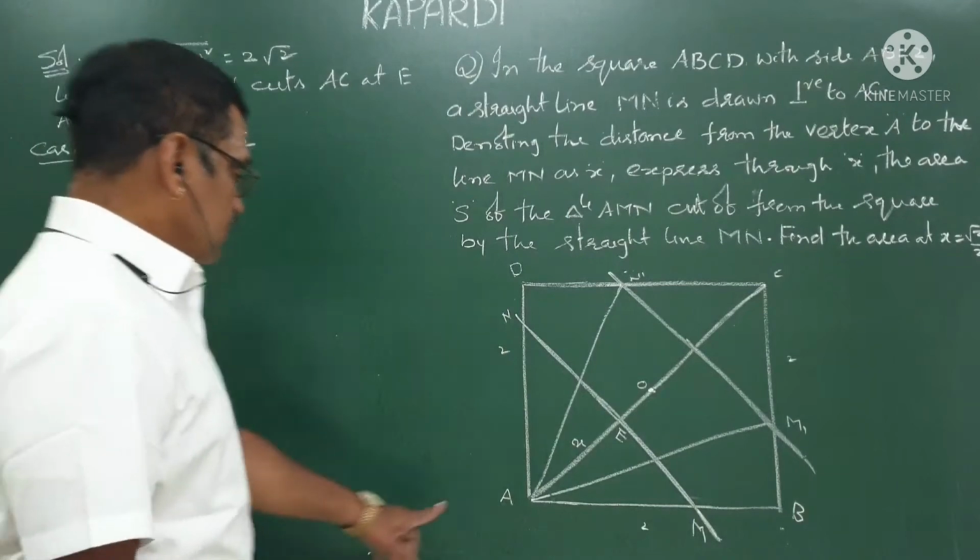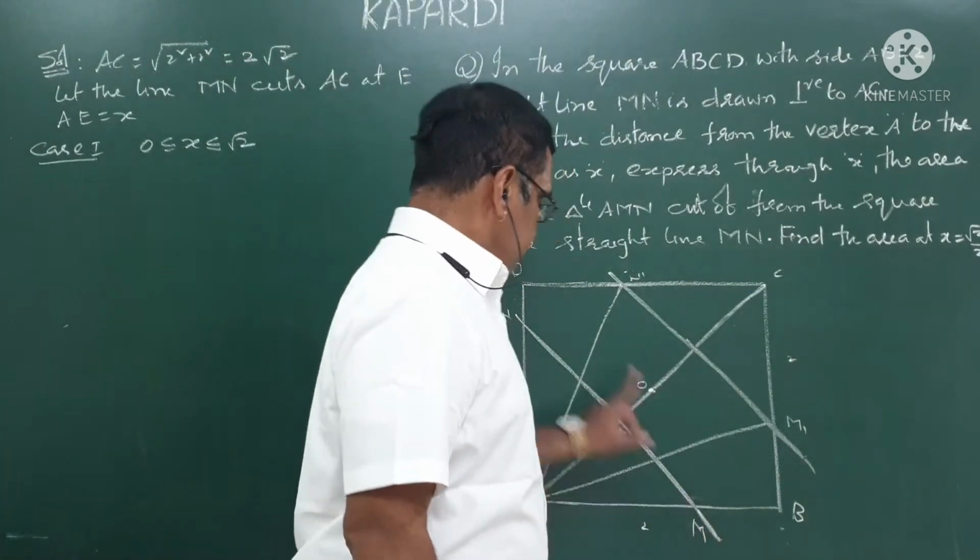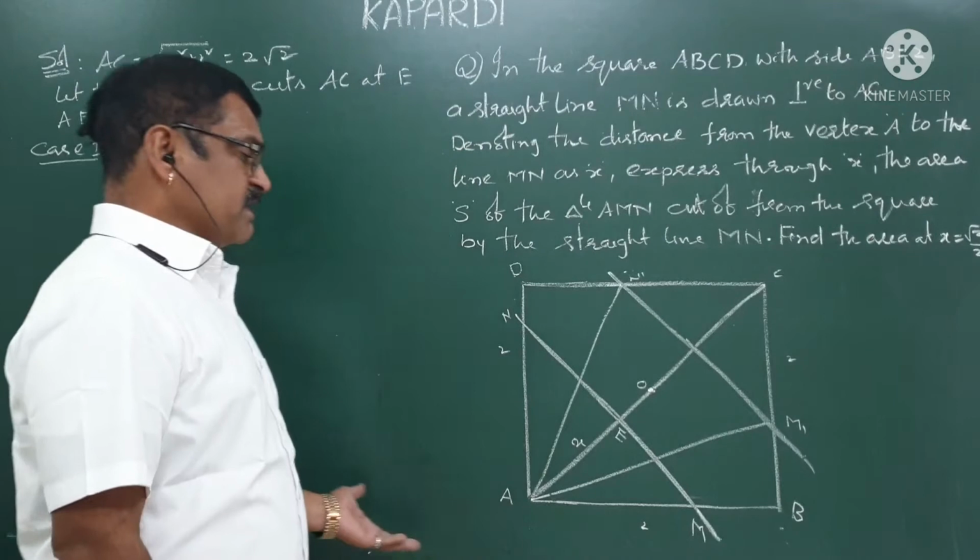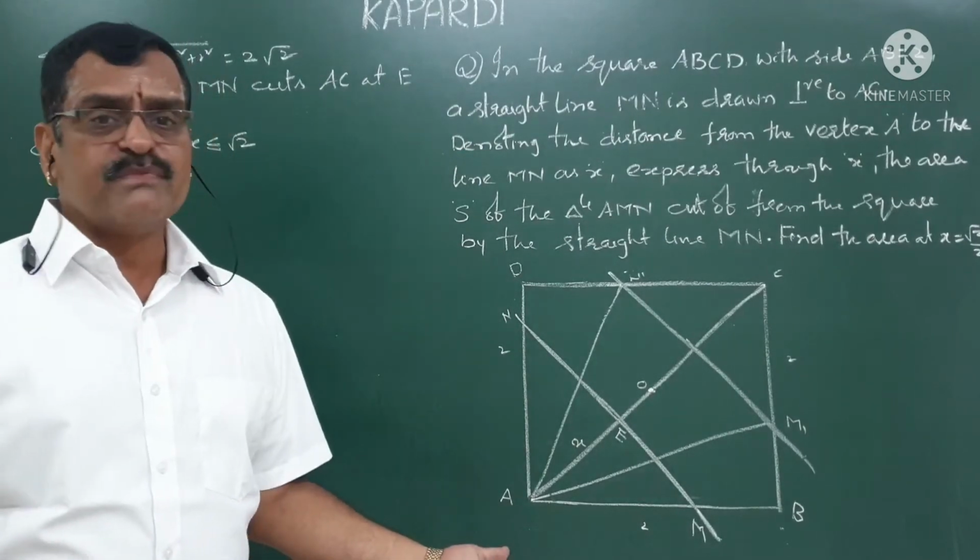Now, I want triangle AMN. Of course, the area of the triangle is half into base into height.